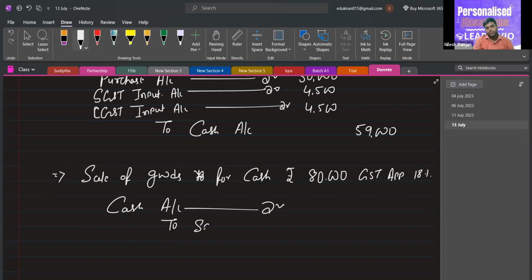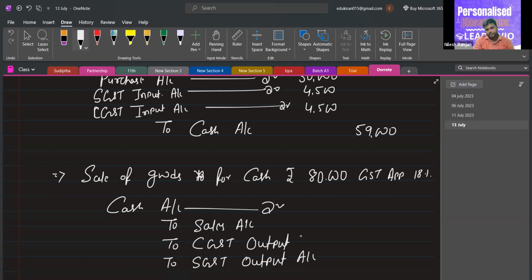So cash account debit to sales account will be written, and now to CGST output and to SGST output. The amount of sale is 80,000 and 18% GST.